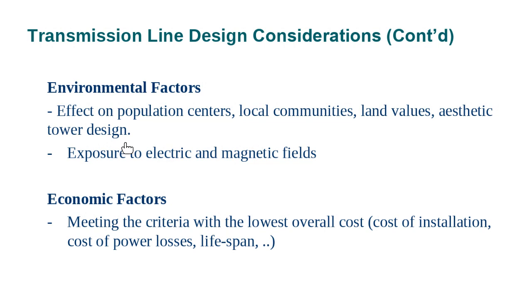Exposure to the population, the safety, the land values. The exposure to electric and magnetic fields. These are all environmental. Because of exposure to electric and magnetic fields, for animals for example, there is some research about the effect of transmission lines on animals.